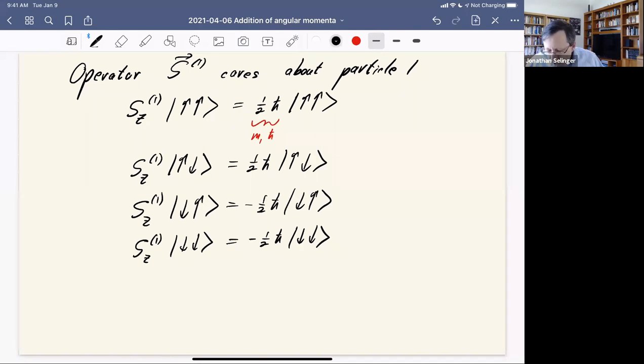Okay, so that's for SZ, the Z component of the spin. Now there's also an S squared for particle 1. Maybe I'll make another column over here. So there's an S for particle 1 squared.